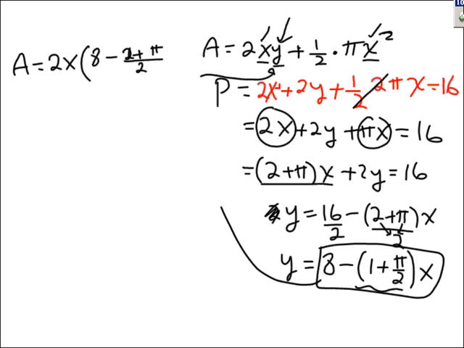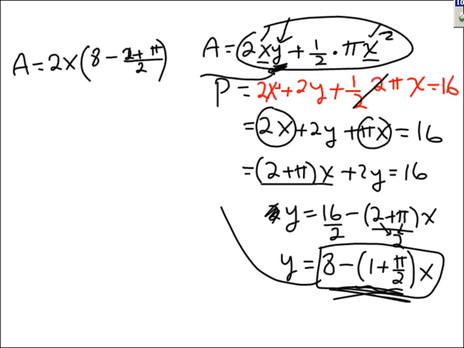That's 2xy, basically copying this, but again, instead of y, I'm writing another way of writing y. I'm saying everything's over 2.